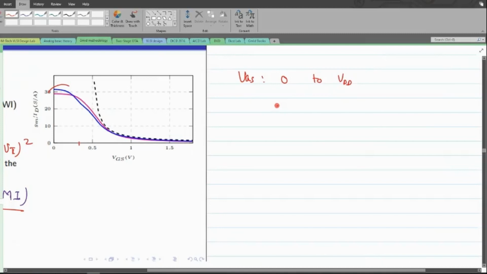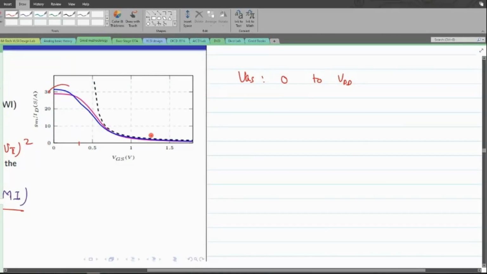In turn, this GM over ID is also a continuous function. It is not completely constant, nor is it completely dependent on the value of VGS minus VT the whole square. It is a continuous behavior.